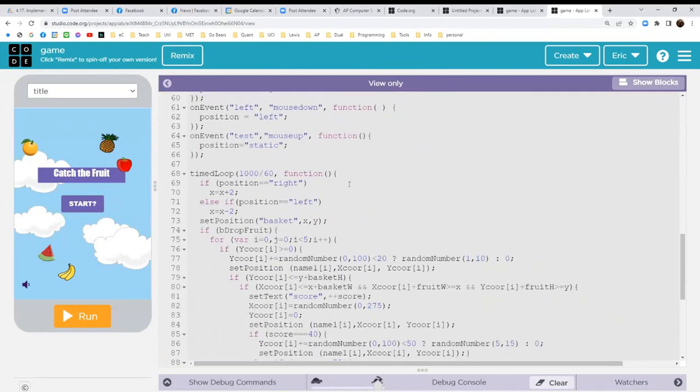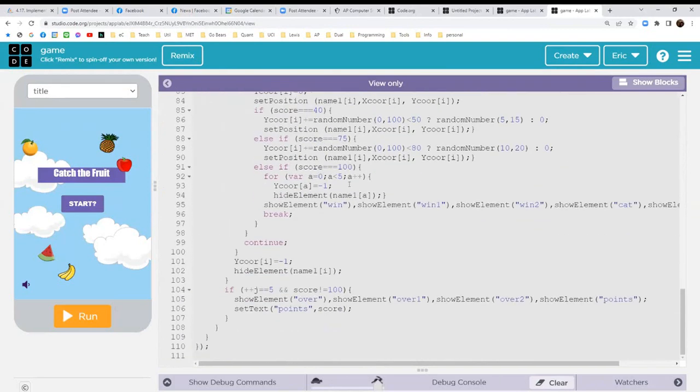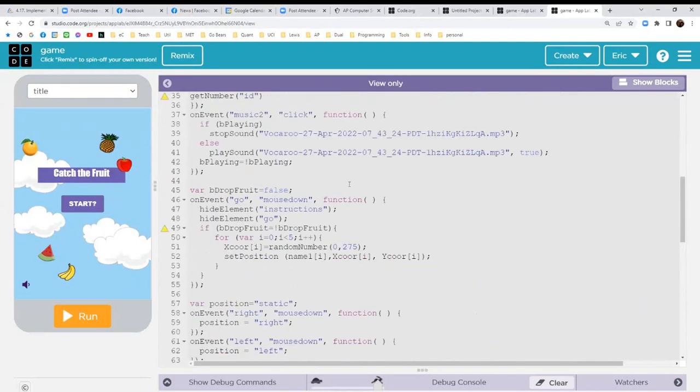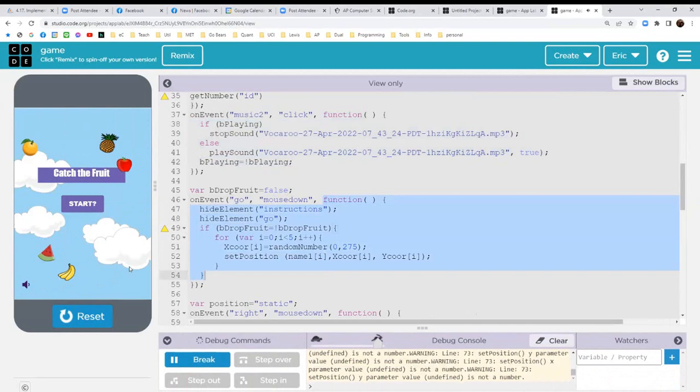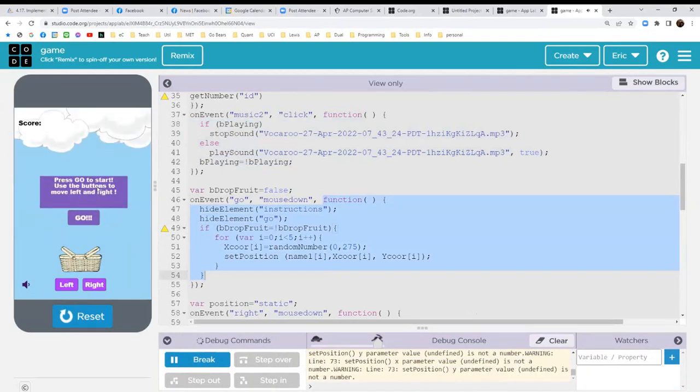You have on-event do something, but you have to show people what the function call is. So you do have some function, yes. This is a function, but when you go down, you do some function. So let me run it. Okay, this looks like it's okay.